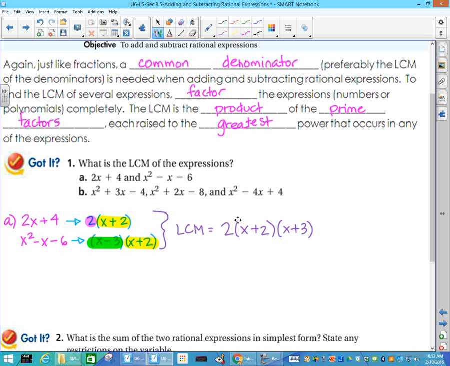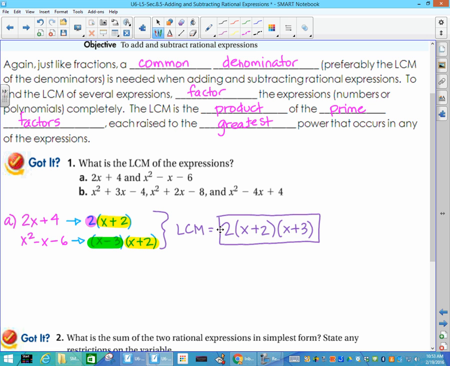Now, the other thing it said is the product of all your prime factors, each raised to the greatest power. Well, none of these has an exponent. Therefore, the exponent is 1, and so we have raised them to the highest power already. And one way to check it is, if you look at this, a 2 and an x plus 2, you've got to make sure you have it in there.